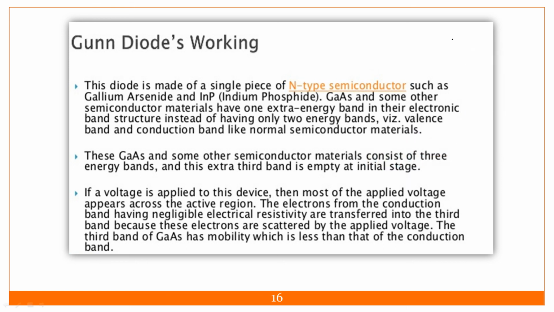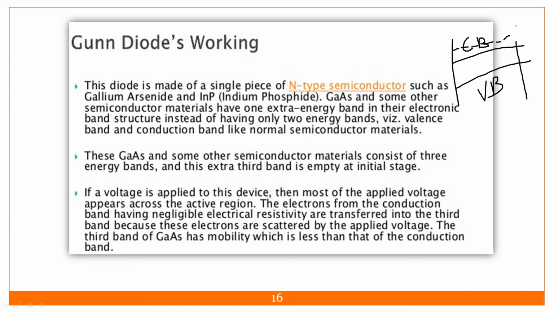Suppose this is the structure. This is my valence band, this is my conduction band. Normally we have this. Instead, I have to draw it over here. In the last image I drew it below, but actually that is wrong.